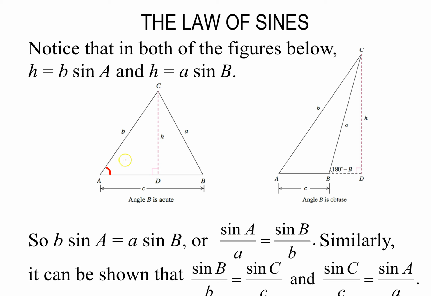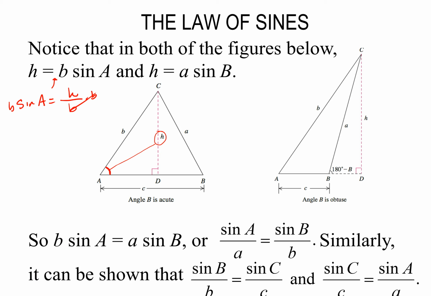According to the definition of sine, sine is opposite over hypotenuse. So I would say the sine of A is equal to opposite over the hypotenuse, in this case this b value here. I'm going to multiply both sides by b, which gets rid of it. Notice we have a relationship to h.